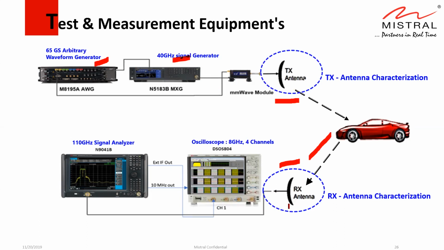The received antenna output is fed to a 110 GHz signal analyzer, wherein you can process, remove the carriers and find the target reflected IF signal. The IF is digitized and given to an oscilloscope to characterize your receive antenna. This is the basic way of calibrating or characterizing your transmit and receive antennas.